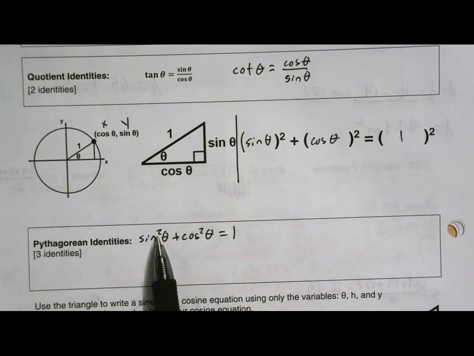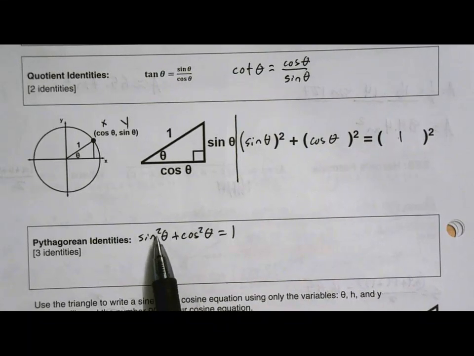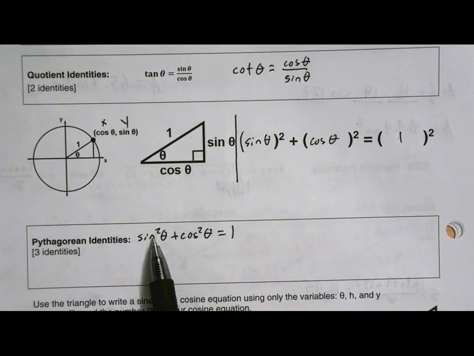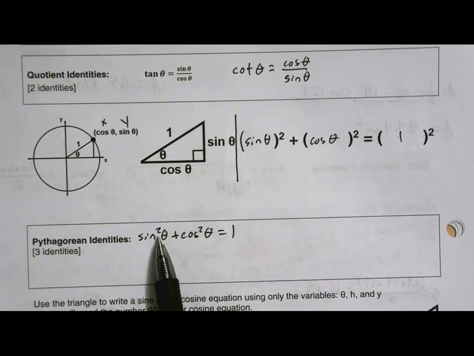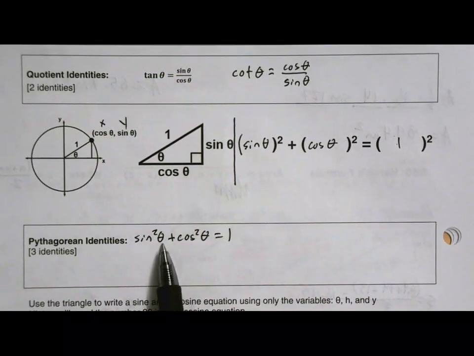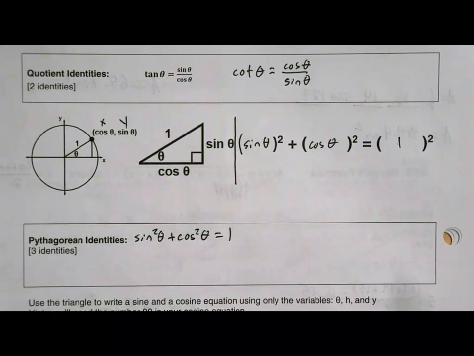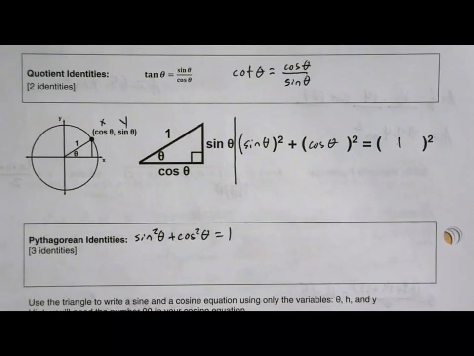So this kind of bugs me a little bit, whoever decided to do this. If you ever see a sine and it's got an exponent on the actual sine, as long as that exponent is not -1, it is an exponent. So sine to the 4th of theta means sine of theta in a parentheses with the 4th on the outside. But sine -1 of theta does not mean sine in a parentheses with a -1 on the outside. It means take the inverse. So that's a little bothersome to me. But anyways, I'll get over it.